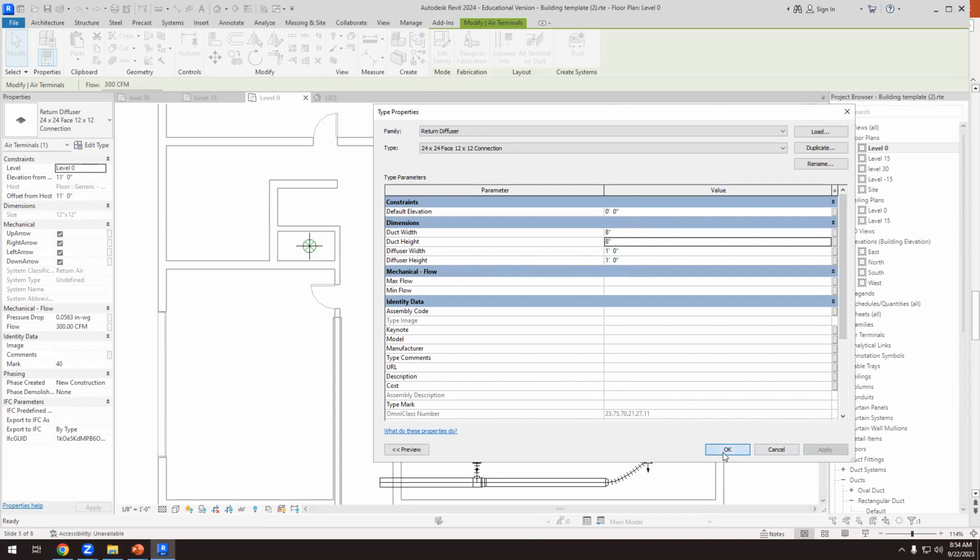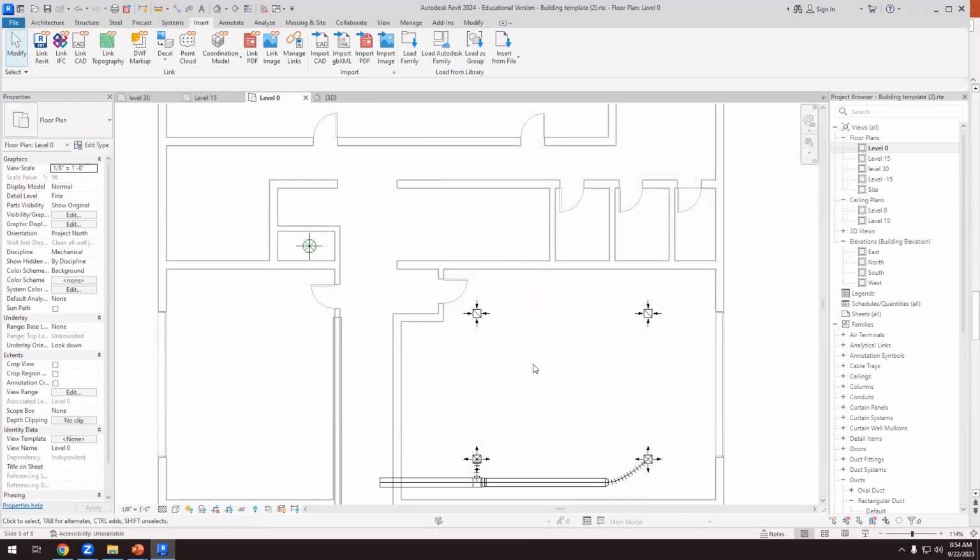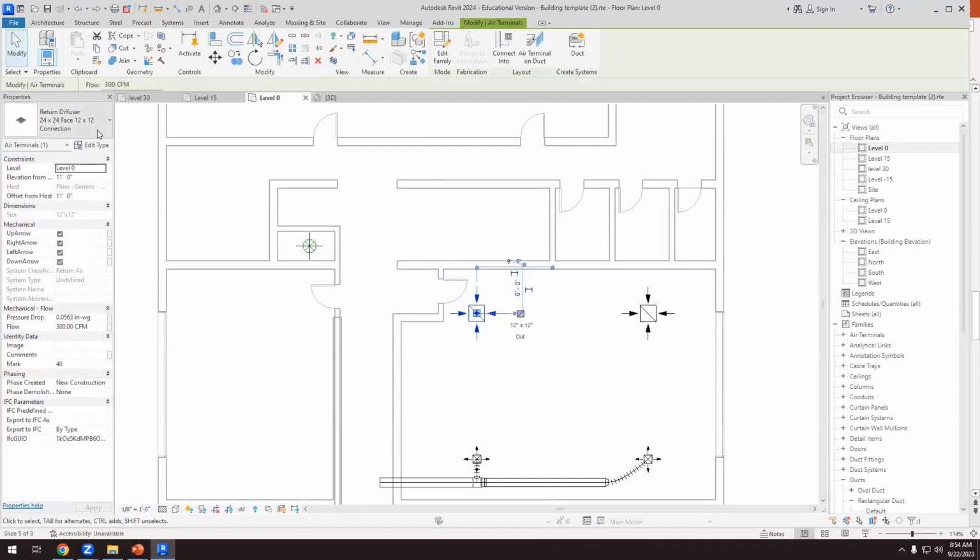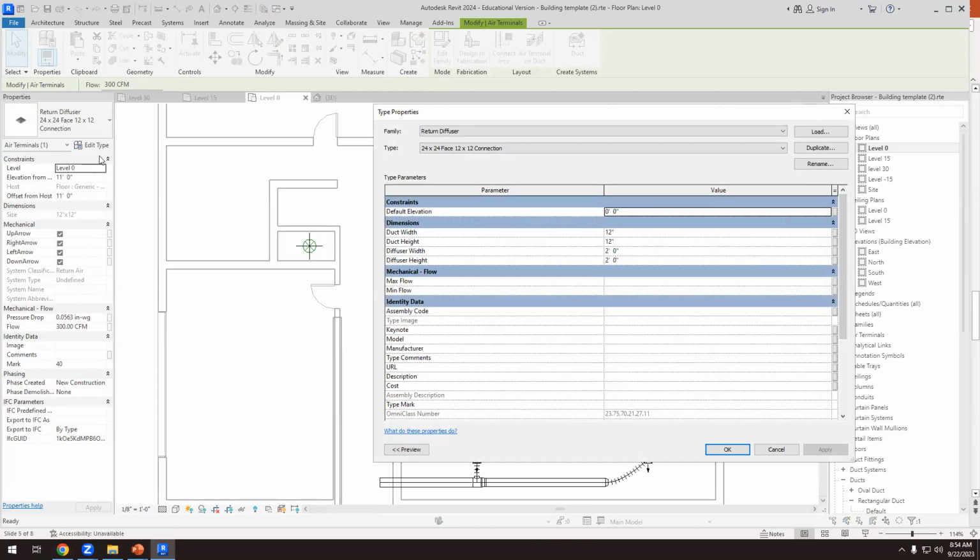If we apply, I hope it works. Wrong. If I edit type, I have to duplicate because I need another name for that. So first, duplicate. And this is a 12 by 12 face, 8 by 8 connection.